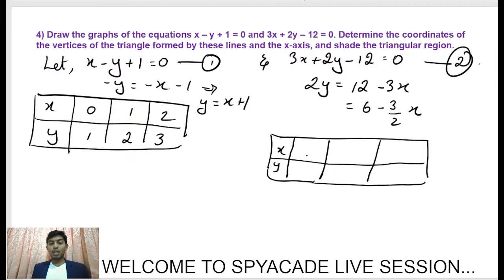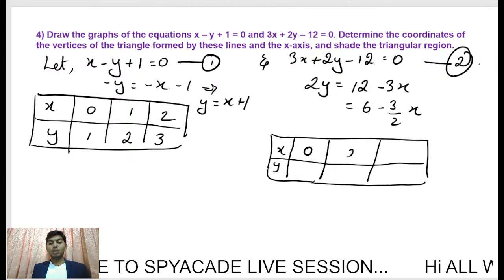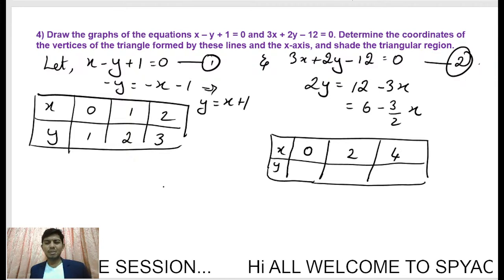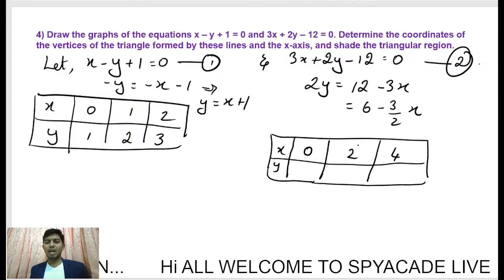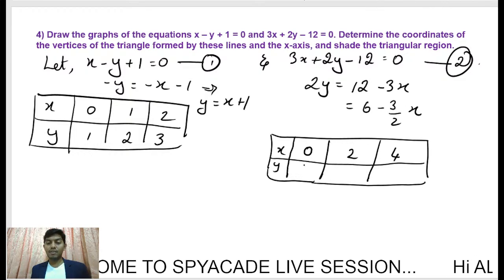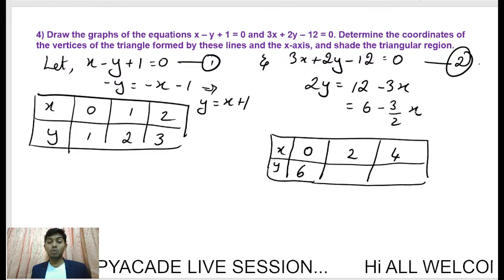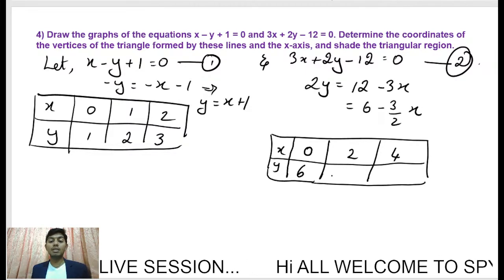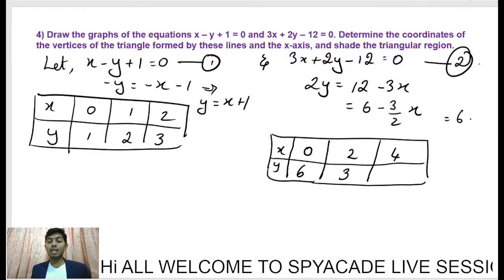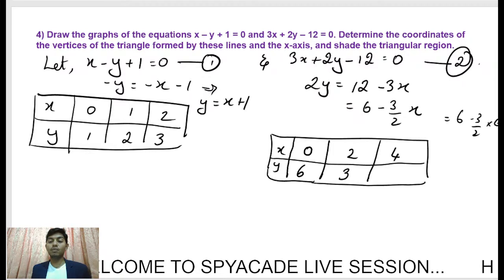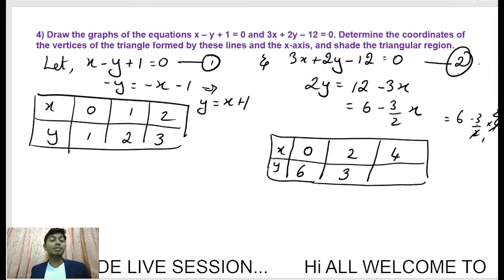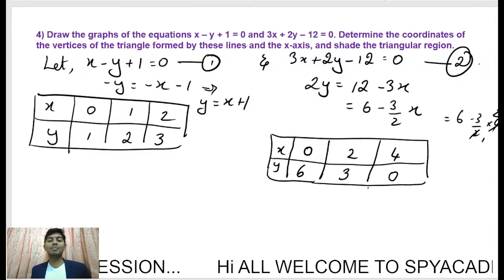Here I am choosing a few numbers, maybe 0, 2 and then 4, because here in the denominator we have an even number, so it's better to choose even numbers. When I substitute 0, this complete term will become 0 and I will get 6. When I choose 2, the 2 and 2 will get cancelled and 6 minus 3 will become 3. When I choose 4, 6 minus 3 by 2 into 4: 2 twos are 4, so 6 minus 3 into 2 is 6, which will become 0.